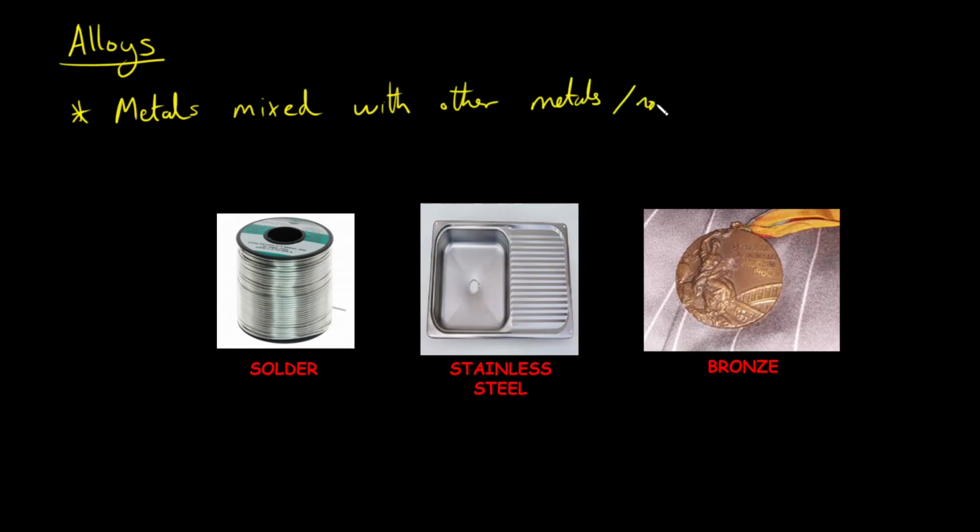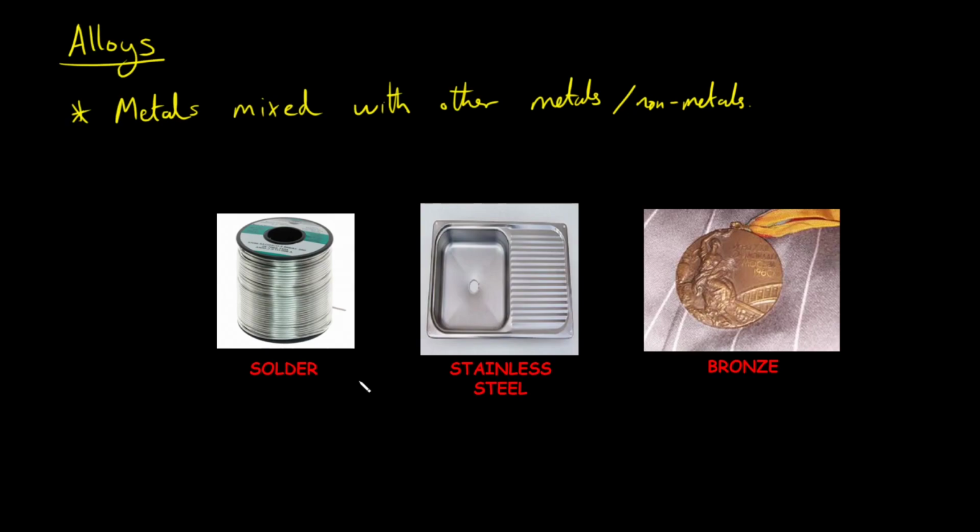And sometimes we can mix them with non-metals as well, but it's mostly other metals. Now here's an example of a couple of alloys: solder, stainless steel, and bronze. We can think about each one independently and see why you would want to make an alloy.